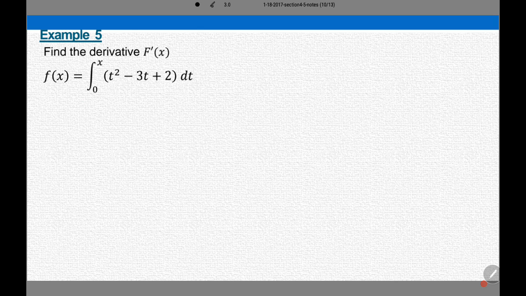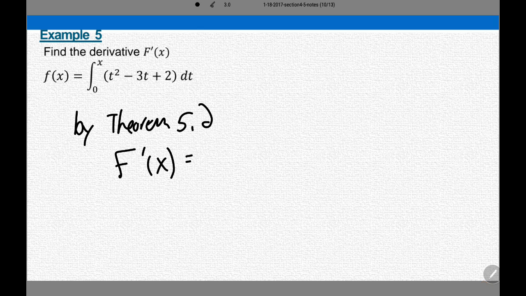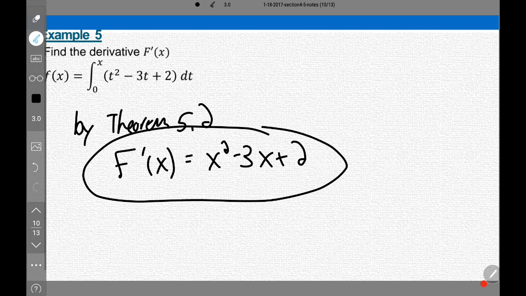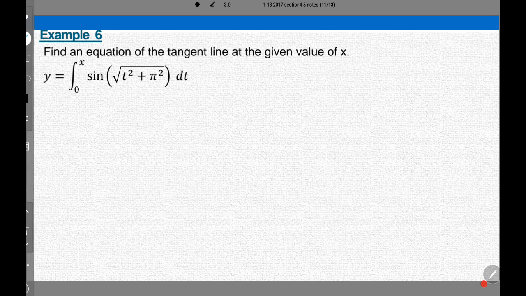So we're going from 0 to x, and by theorem 5.2, which is just what I showed you, since this is going from 0 to x, the first derivative of the antiderivative is x squared minus 3x plus 2. It is that easy on this example. Some of them will work a little differently. I want you to work them out, see what you think of them, get the idea down, and then we'll go from there.